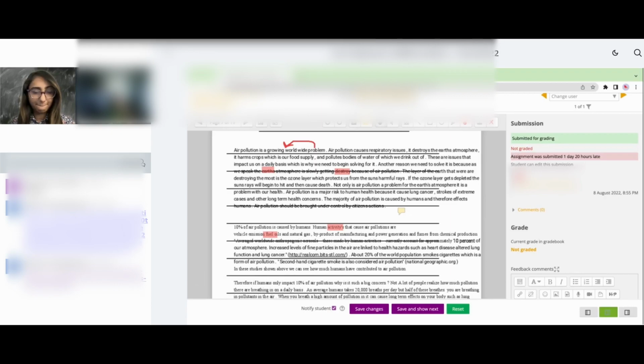So I know that I propose using electric cars to reduce vehicle emission. And I also, I believe I said eliminating plastic bags and plastic utensils. So air pollution should be brought under control by citizens' actions. And then you would go on to say that citizens should.